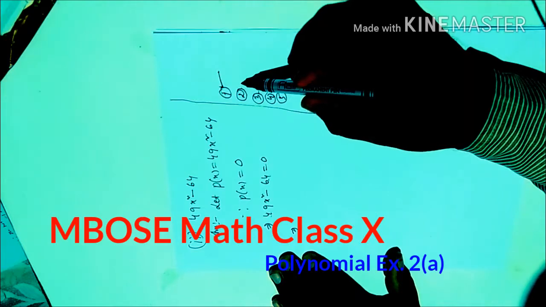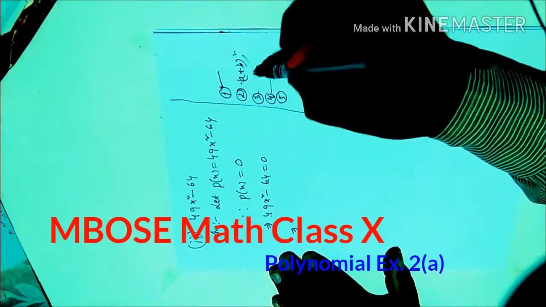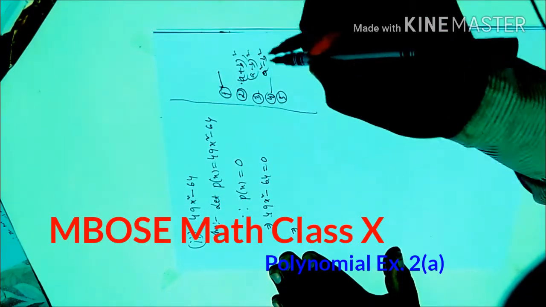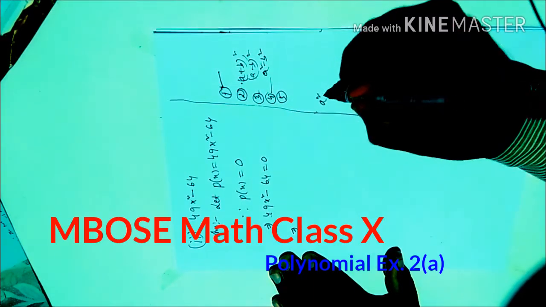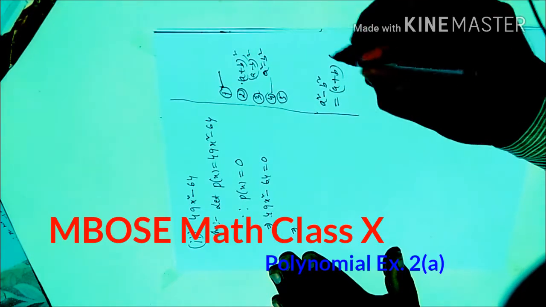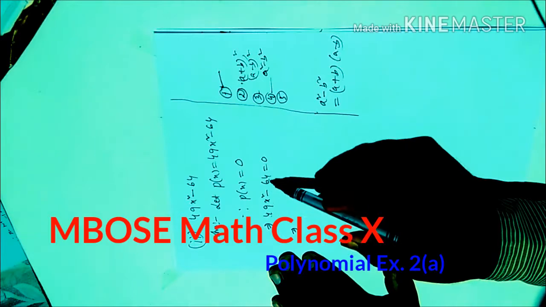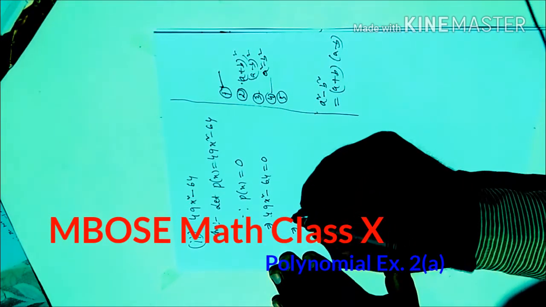So applying identity means these are the identities like (a plus b) square, (a minus b) square, a square minus b square. So you see here, we know from class 7, 8, 9, a square minus b square is equal to (a plus b)(a minus b). Whether we can make a or b square or not, we will search. You see here, 49 means how much square?